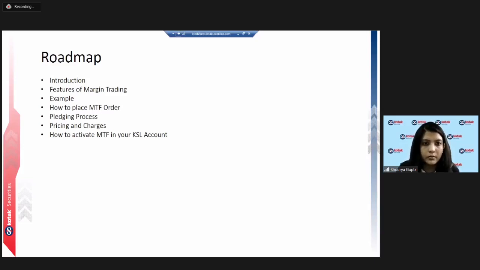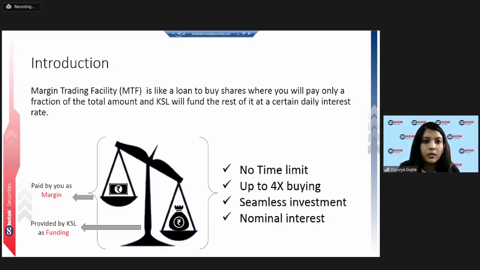So let's start. Like I said, if you have a temporary shortage of funds, but you see an opportunity in the market and you want to invest, margin trading is the solution. Margin trading is like a loan that your broker provides you for buying more and more shares with the amount that you have.